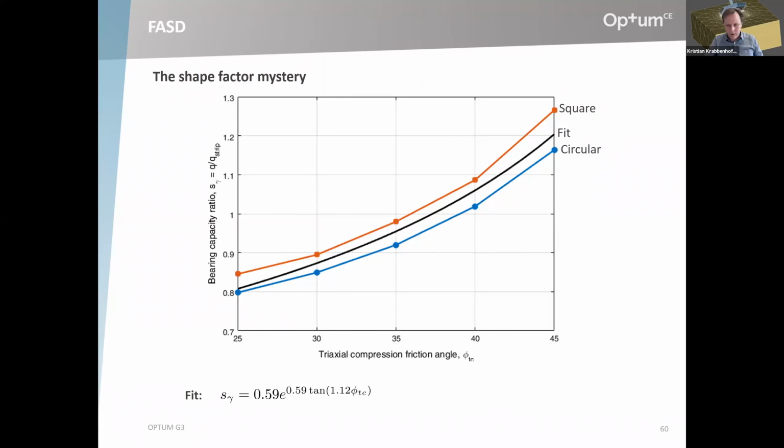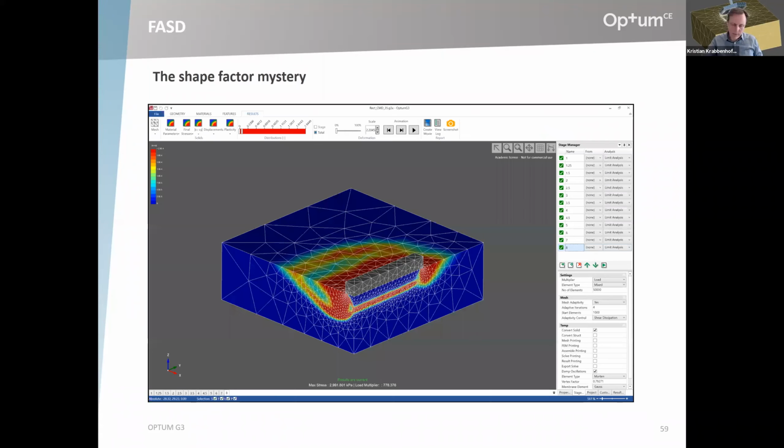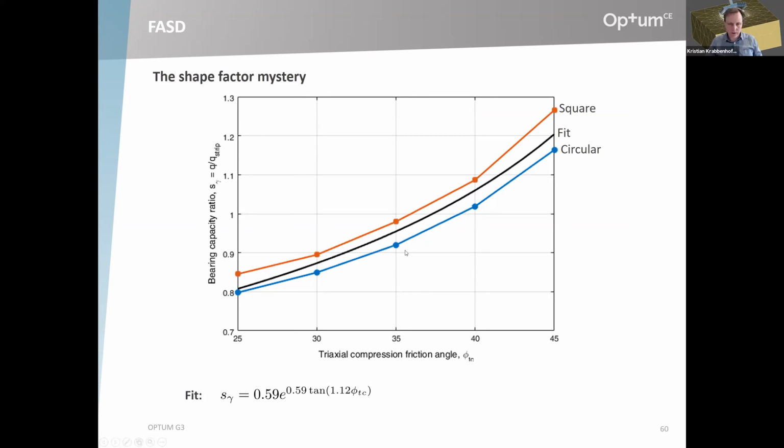So the plane angle being 1.12 greater than the triaxial angle, and you would then get these results here. Of course, in the strip calculation, you're in plane strain, so in that case you use the plane angle in a regular Mohr-Coulomb type analysis.